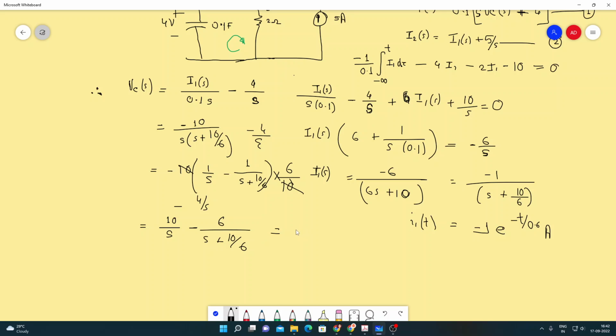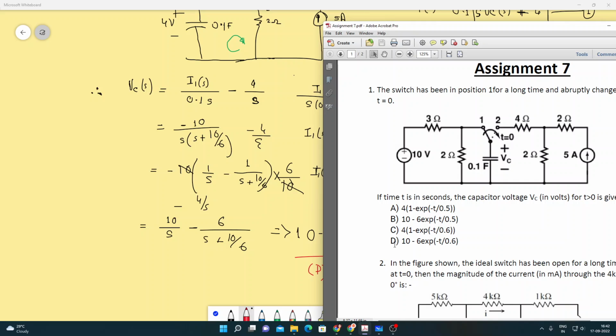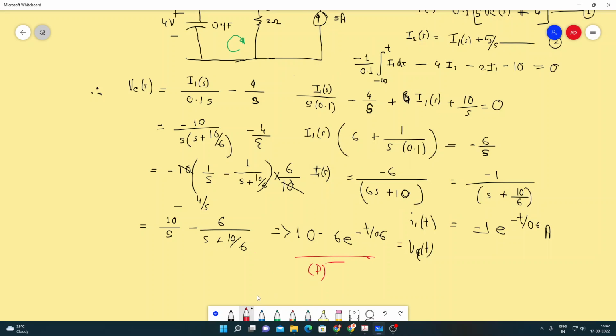From here we obtain 10 minus 6 e to the power minus t by 0.6. That is our Vc(t). So hence we have obtained the result. This is option D, I guess. D is the answer. Let's go to the next problem.